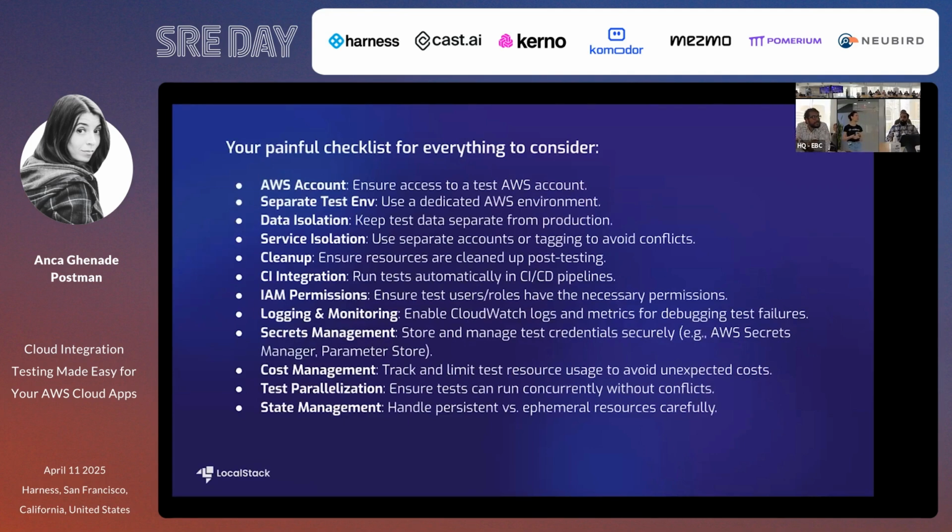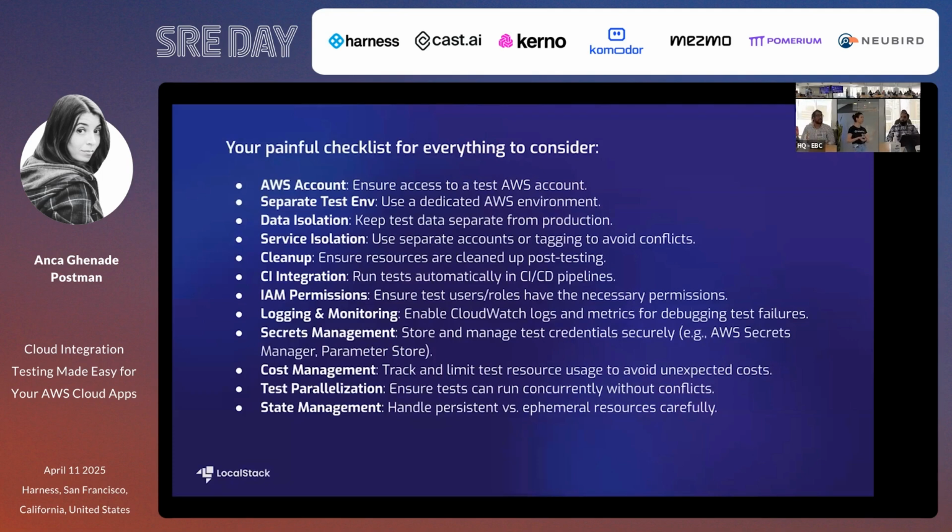So you need to create a separate account. You have to have the separate environment with dedicated variables, databases, for example, secrets. You need to make sure that your data is isolated, the services are isolated. You also need to make sure that you always clean up your resources, so you don't leave them running overnight and obviously spike costs.